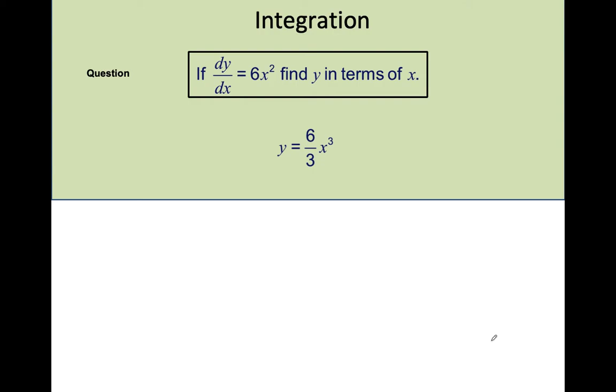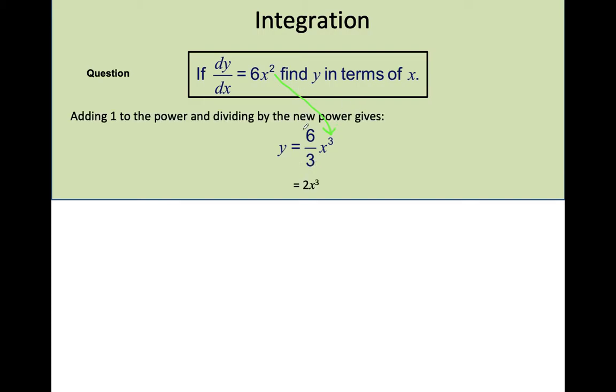So let's go over this question then. We need to integrate 6x squared. So the first thing you do is you take the power, which is 2, and you add 1 to it. So 2 plus 1 is 3. We then take the 3 and write that as our new denominator.